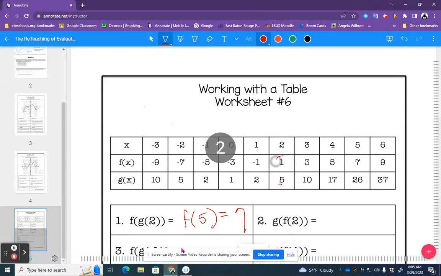That answer is 1. So f of 2 equals 1. So now I'm going to find g of 1. Here's 1. Here's g. It's 2. Does that help a little bit?